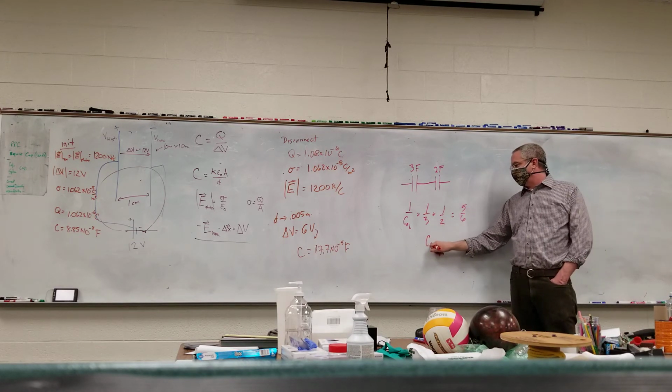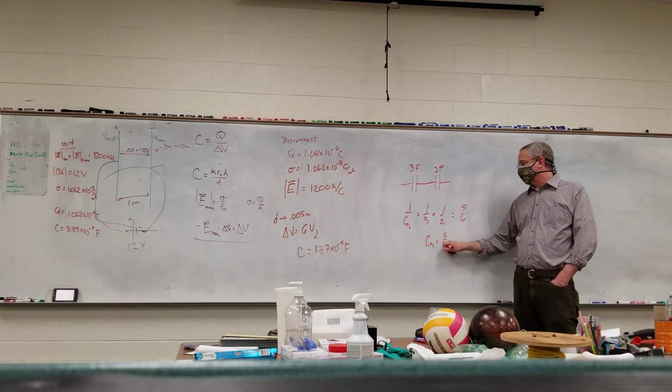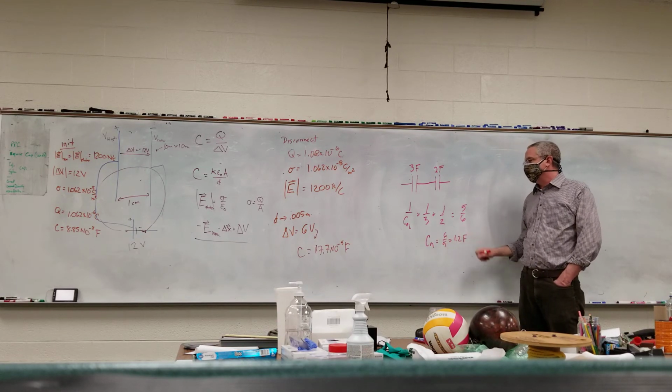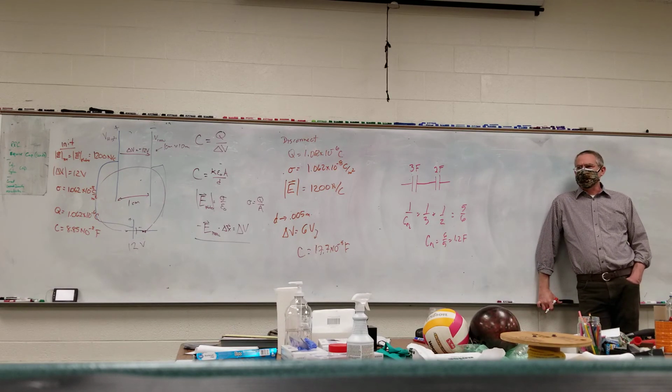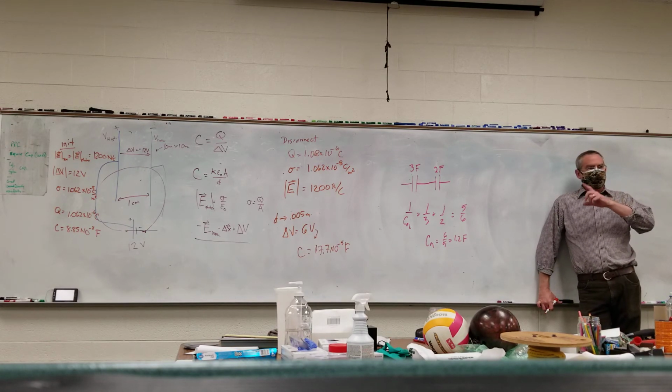And so my equivalent capacitance is 6/5 farads. For those who've had some physics before, and I know that about half of the class usually has had this kind of stuff before, resistors are the opposite. Resistors in series you just add straight up, and resistors in parallel you would do the 1 over bit.